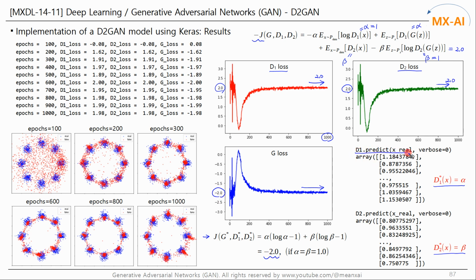If we experimentally verify the outputs of D1 star of x and D2 star of x, we can see that they are each nearly 1.0. And the results of observing the distribution of fake data and real data during training are as follows. These results are similar to those of other GAN variants, such as unrolled GAN and Wasserstein GAN.